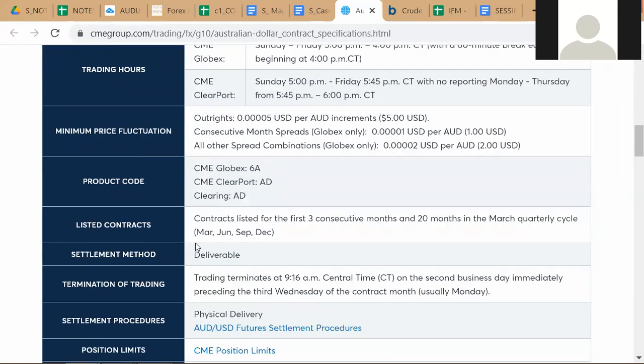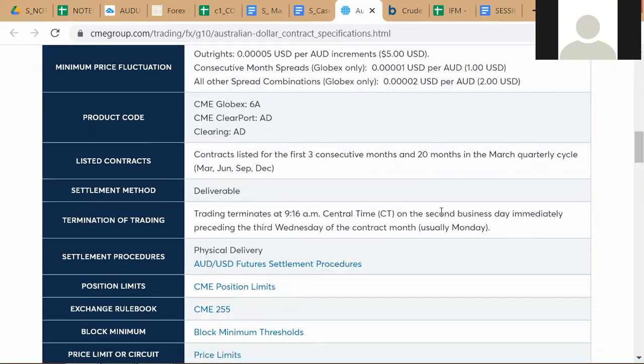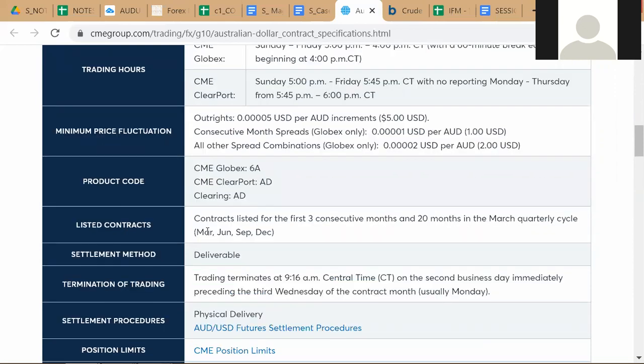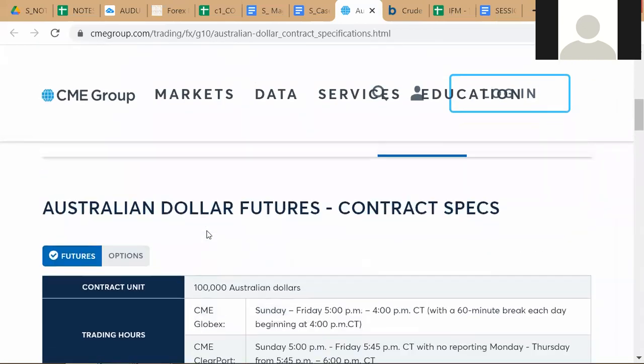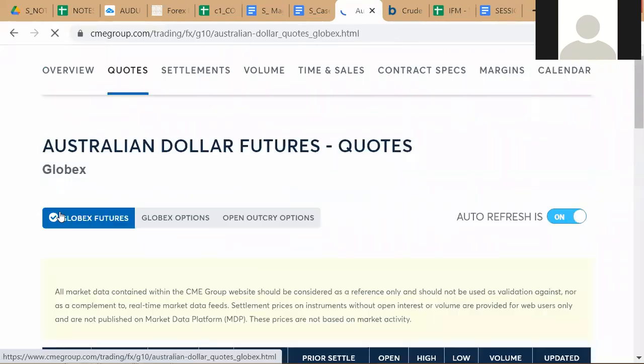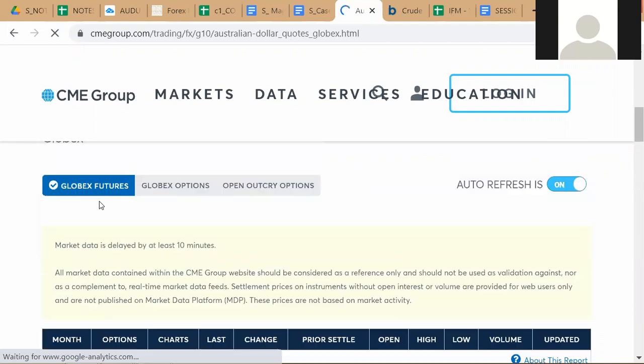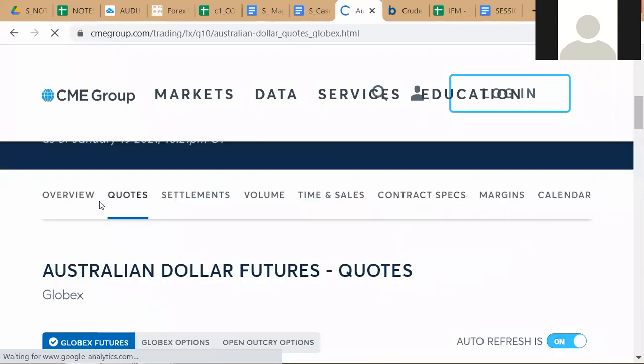And you can see here the same convention for the maturity, the determination of the last trading day. You can look at the quotes for the Australian dollar and they look the same. The reason they look the same is that the futures rule is consistent for all the futures contracts.